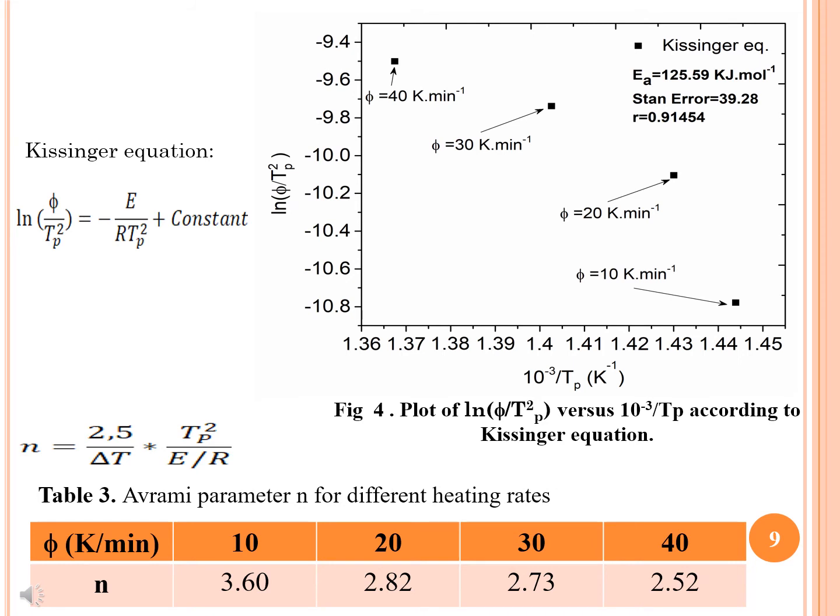The slope gives the activation energy E of thermal relaxation and crystallization, which is equal to 125.59 kJ per mole. The value of the Avrami exponent n is determined from the shape of the crystallization exothermic peak and is related to the peak temperature. Their values are shown in the table below.